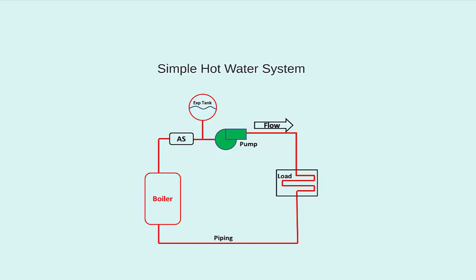Then we have a component of the hydronic system called the expansion tank. Depending on the style of expansion tank, sometimes it is piped into the top of the air separator. The expansion tank is where we allow the water to expand into. When this system is filled, we typically fill it with water from the domestic water supply.